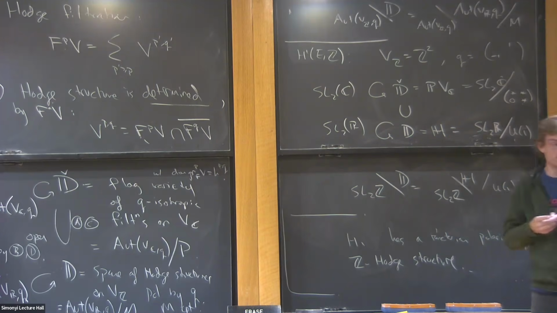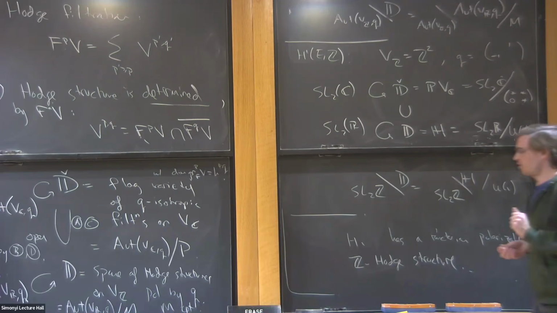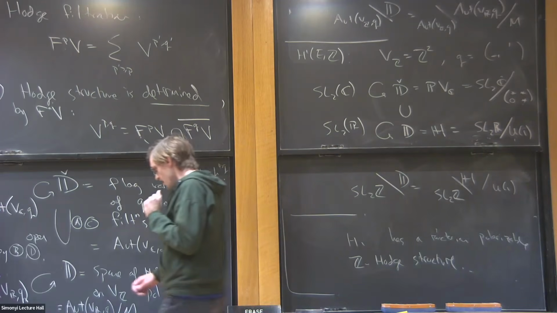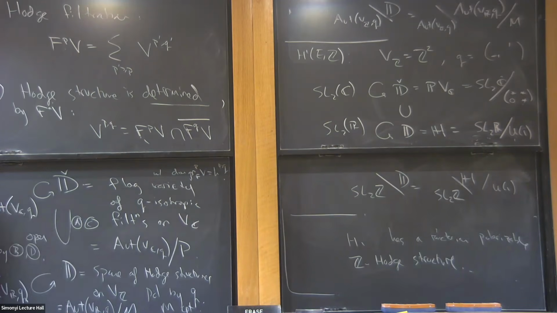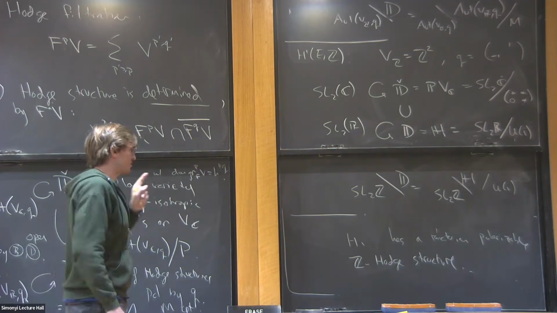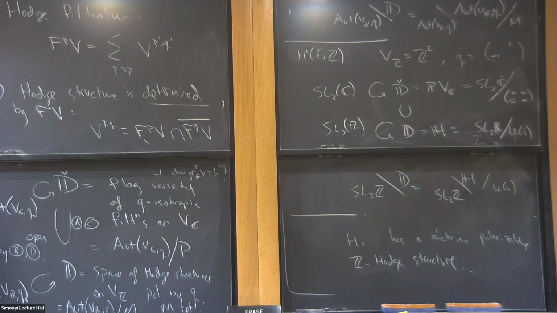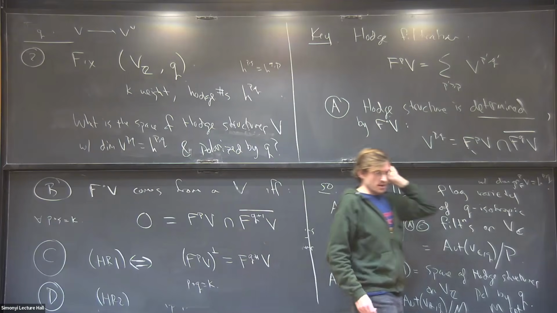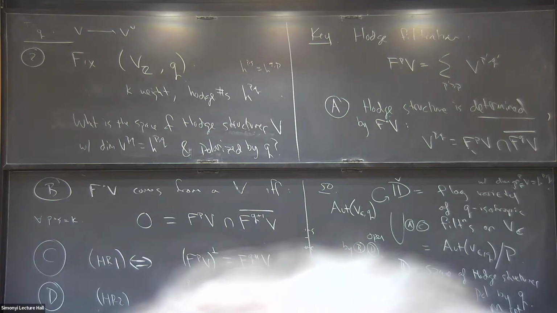Really naive question: if I just give you one polarized Hodge structure of pure weight k, is it the homology of a variety? Excellent question. The answer is no. This is related to another thing that only comes into focus when we introduce the Hodge filtration, which is the condition of Griffiths transversality.